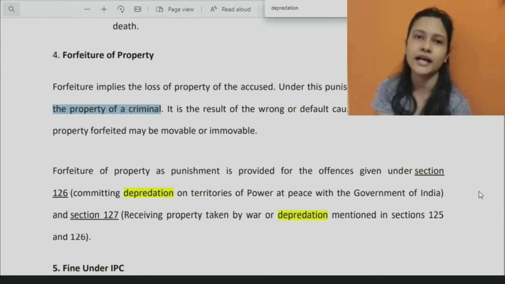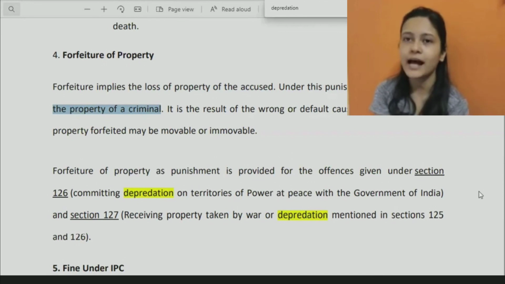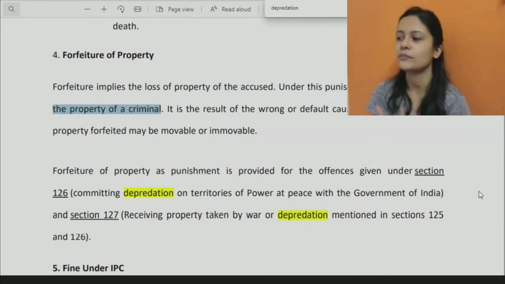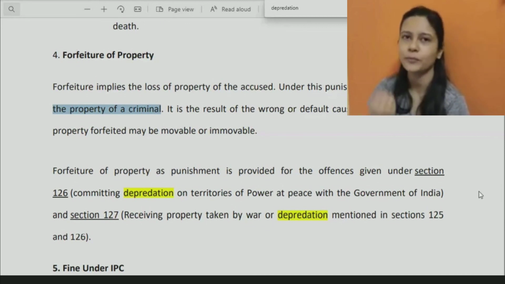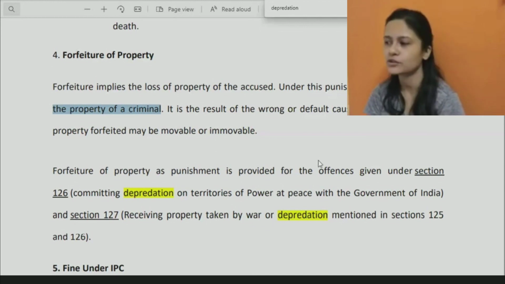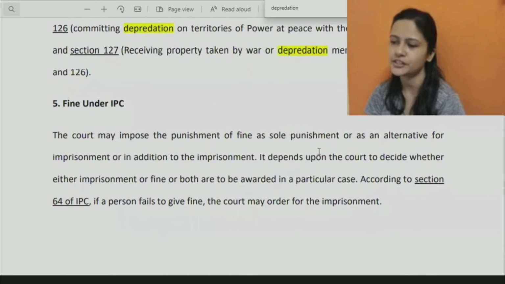In that case, it is not justified, so the government would seize that particular property from the person. That also is a kind of punishment which is given.